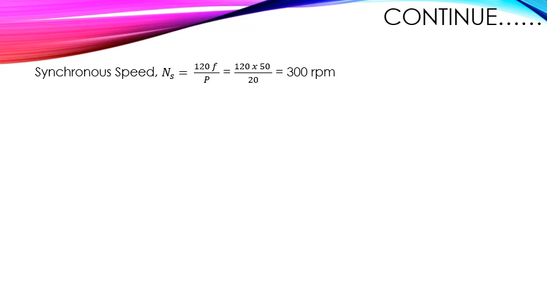First, the synchronous speed, we know that the equation is 120 f by p. Put the value of f as 50 hertz, p as 20 poles, so the synchronous speed is 300 rpm. Then full load slip, that is the ratio of Ns minus Nf and Ns. So it is 0.02.